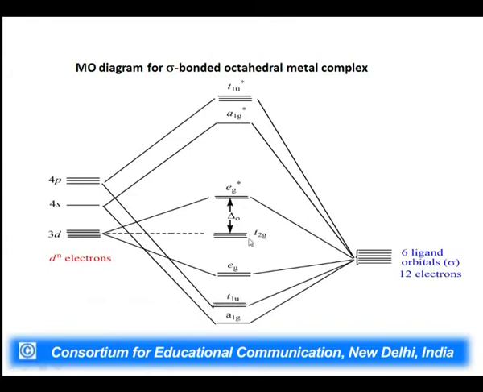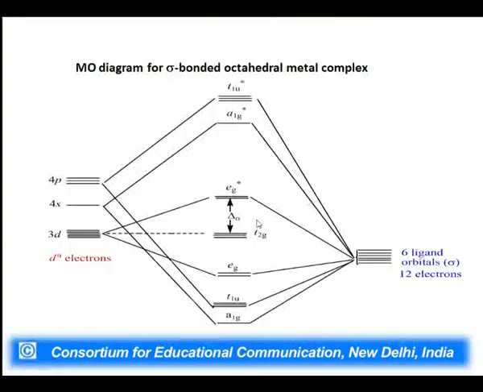So T2G is the HOMO, highest occupied molecular orbital, and this EG is going to be the lowest unoccupied molecular orbital. This sort of labeling is also necessary so as to understand T2G with the EG star.